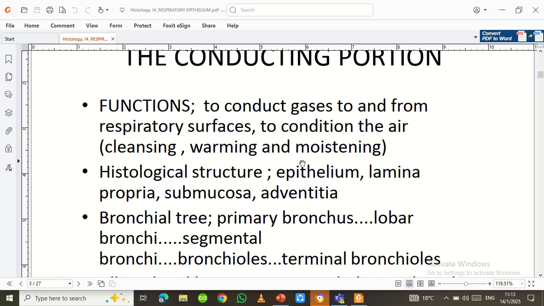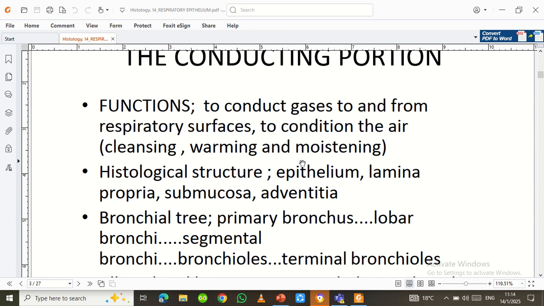Histologically, the conducting portion is going to have an epithelium. Below the epithelium, you're going to have your lamina propria, which is loose connective tissue that has fibroblasts, collagen fibers, reticular fibers, and elastic fibers as well. Below the lamina propria, you're going to have a submucosa, which has abundant serous and mucous glands.